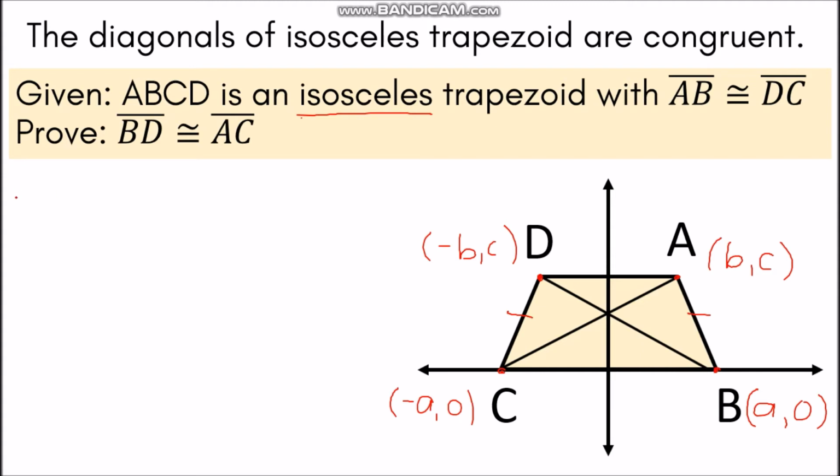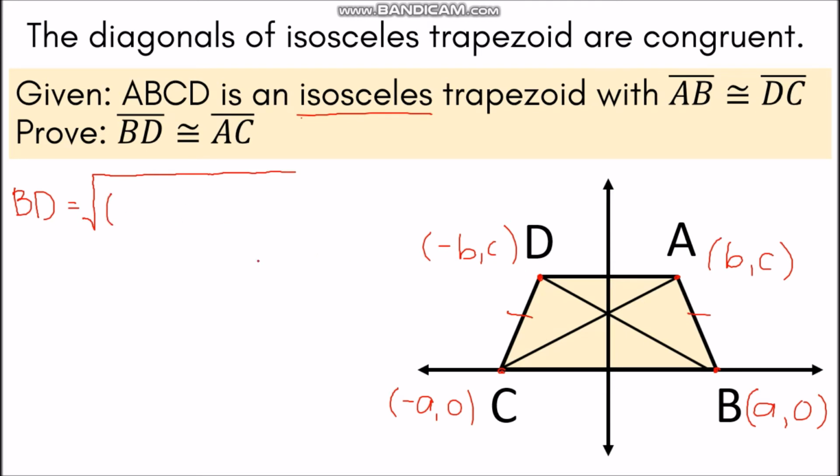So let's start with segment BD. We will be getting the distance between point B and point D, using the distance formula. B is my first point and D is my second point.